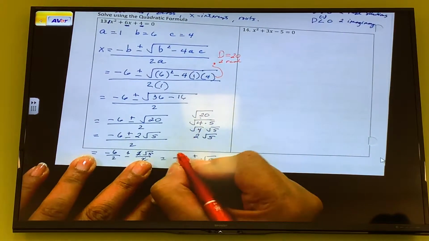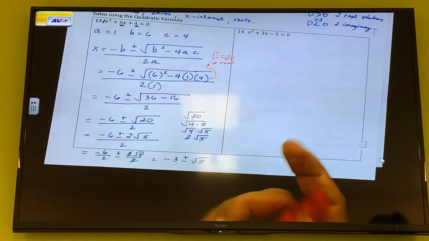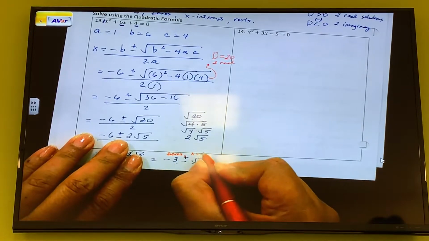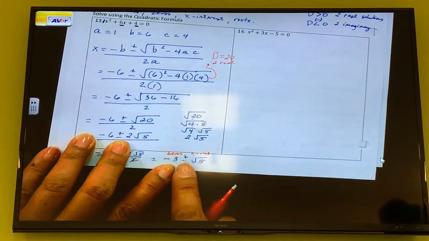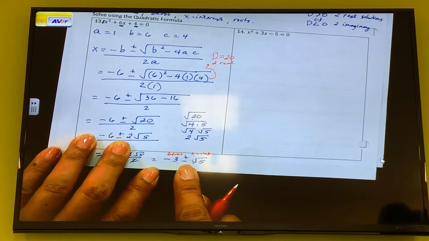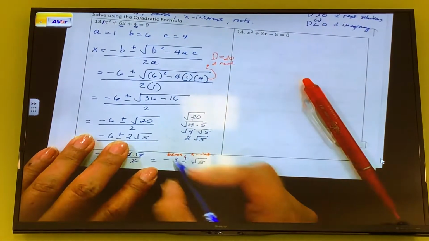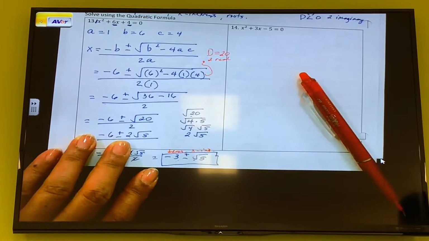These are your zeros. On your homework, you have to find the zeros and graph it, so get the decimal answer of your answers like this. So these are our two solutions, or two zeros, or two x-intercepts.